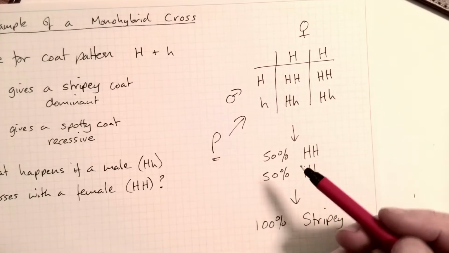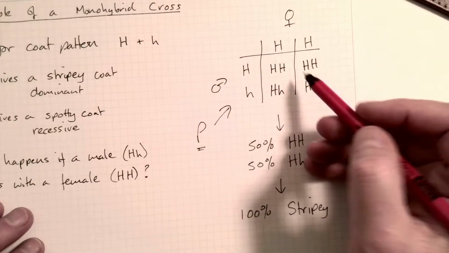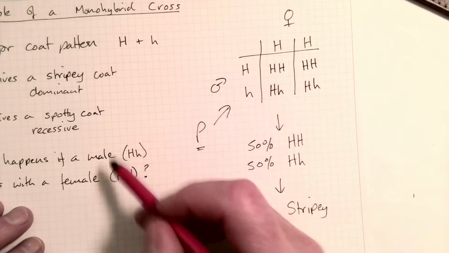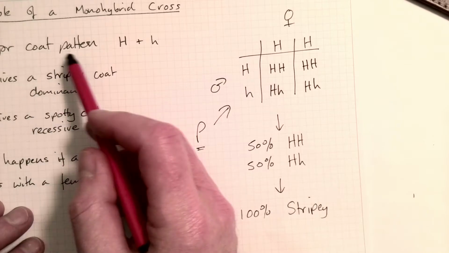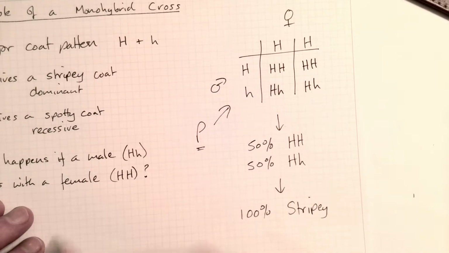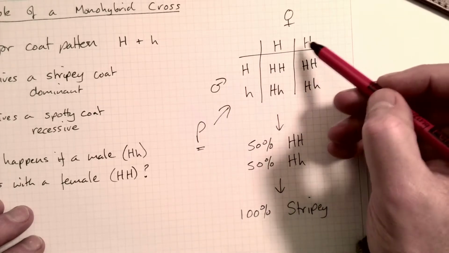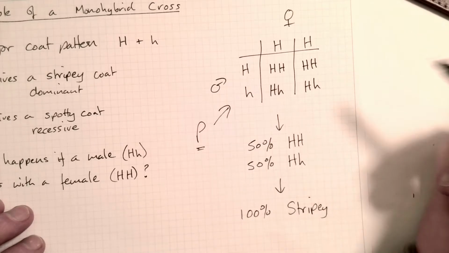So let's have a look at the board and we'll see roughly where we're up to. In our last lesson, we did the parental cross. We called it H rather than coat pattern C or P or S, because none of those letters is useful to us because the big letter looks the same as the small letter. Here a big H is clearly different from a little h, so we used that.